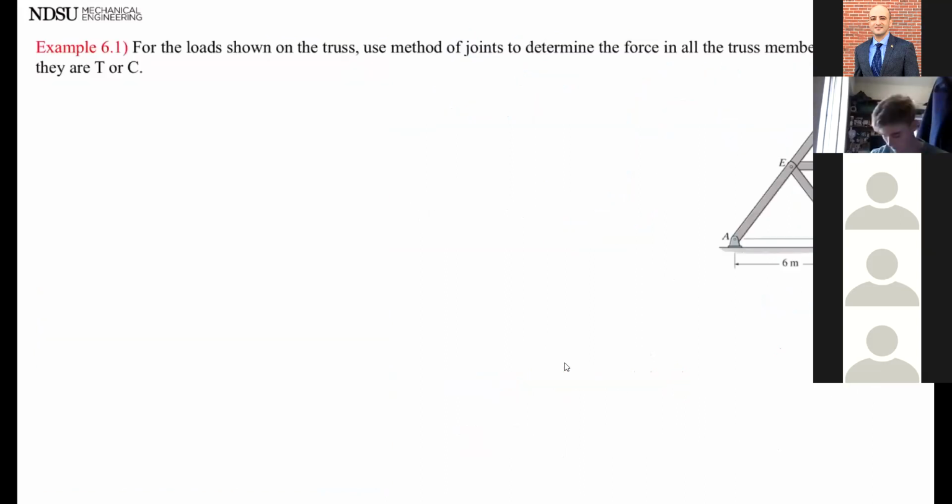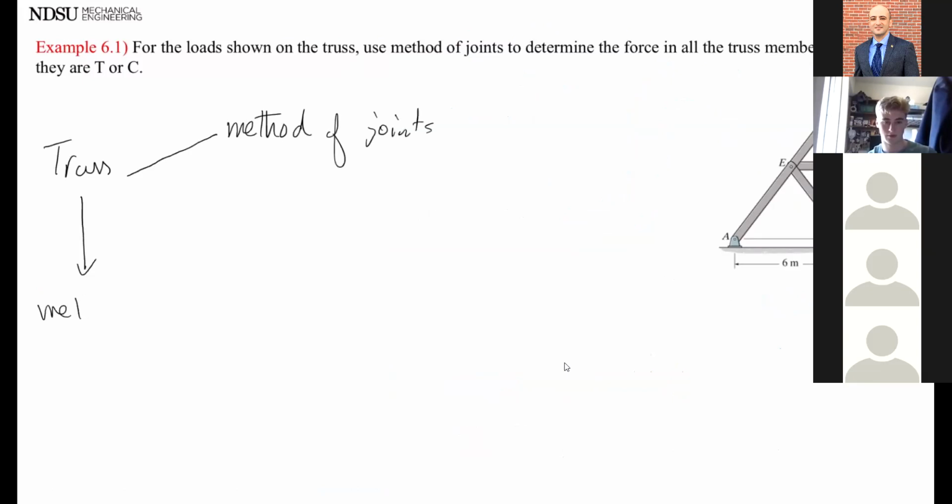So for trusses, I have two ways to analyze them. Method of joints and method of sections. Okay.